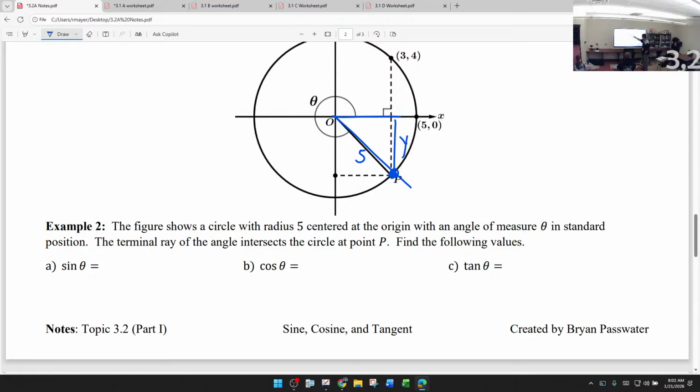This is y. This is x. Sine of theta is y over 5, opposite over hypotenuse. Cosine is adjacent over hypotenuse. And then tangent is opposite over adjacent. Uh-oh.